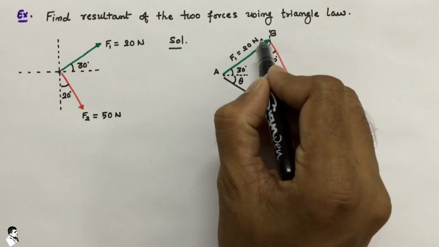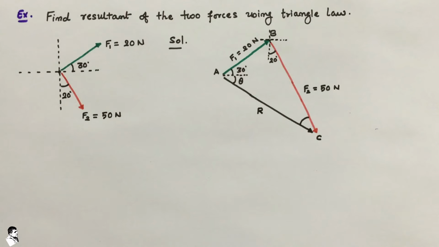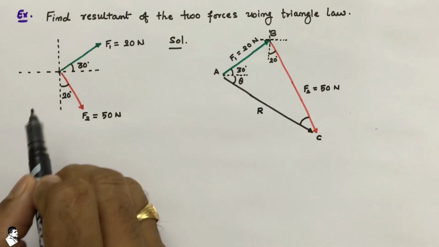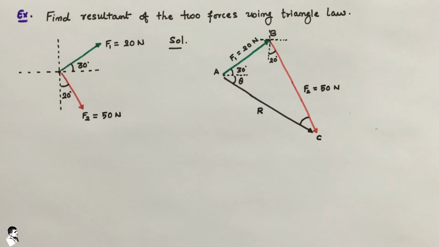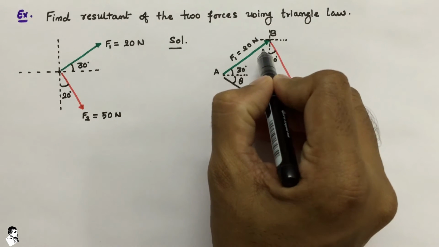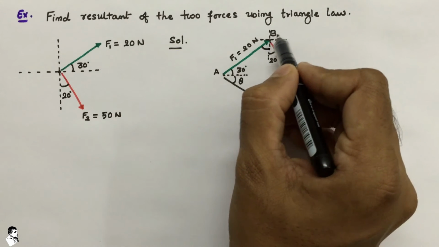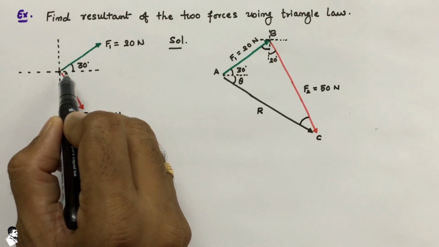Now here, for simplicity, if we draw a horizontal line at point B, at B this is a 20-degree angle, okay, and this one is the 30-degree angle. So for the remaining angle, if we extend this line, right, if this is 30, maybe this is also 30.